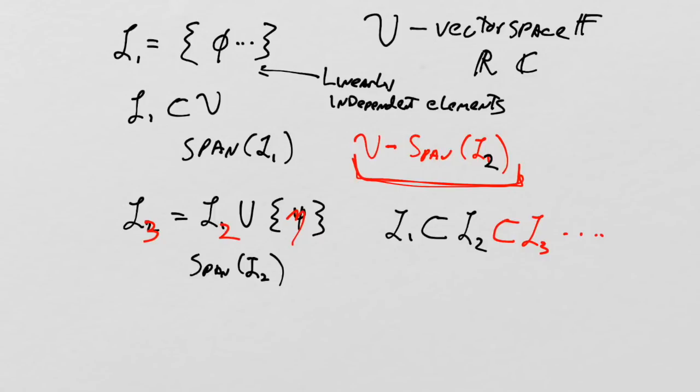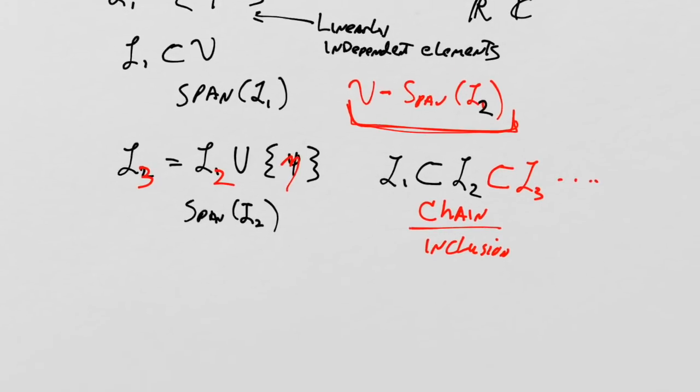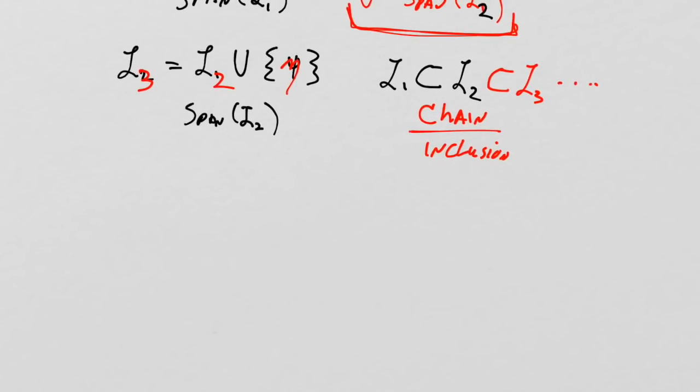And I create what we call a chain. This is a chain of inclusion, where each set is a subset of the other set. Now, I could take this chain and I can create another set.